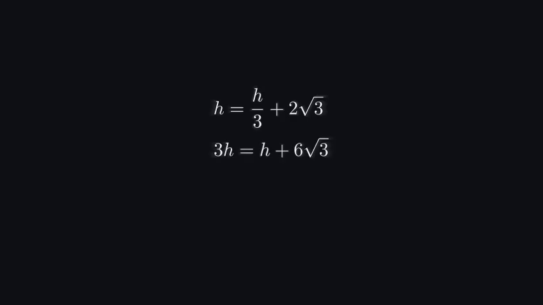Three h equals h plus 6 the square root of 3. 2h equals 6 the square root of 3. This gives h equals 3 the square root of 3.